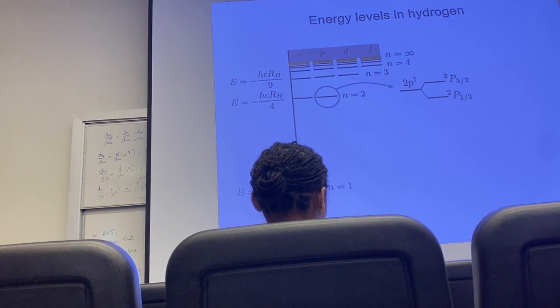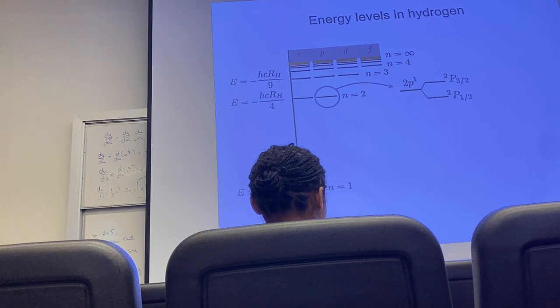If it sits in that state, it can occupy 2 different scenarios, 2 possibilities that represent 2 different ways in which the angular momenta can be combined. One of them is 3/2, that's the subscript with the p. That's one way in which you combine the angular momentum. The other way was 1/2. This is what lecture 14 says. We're using it here.